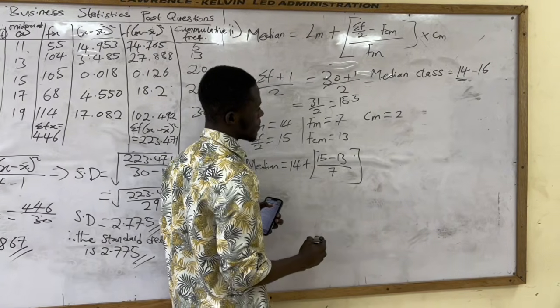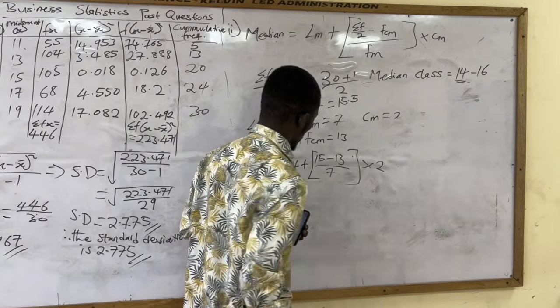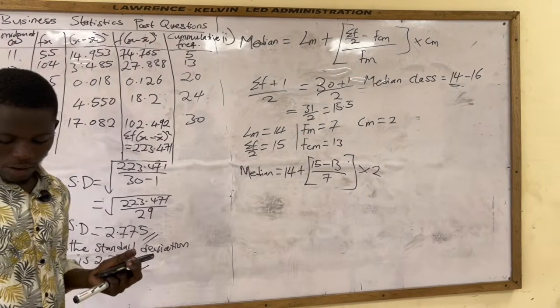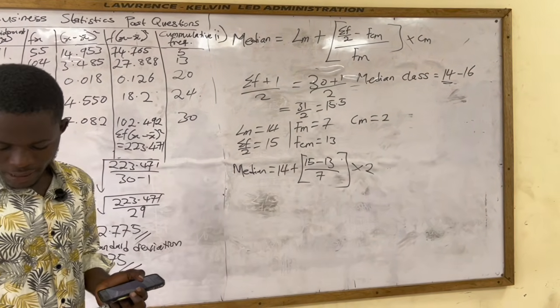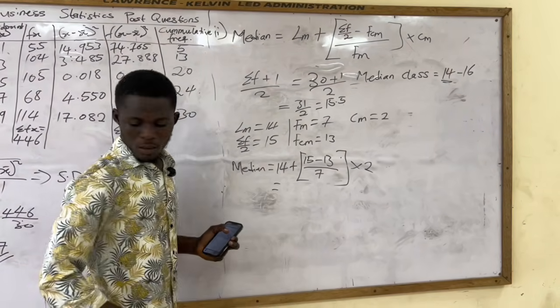Close your bracket. Then the CM is 2. Now you point it on the calculator and you get it as 14.